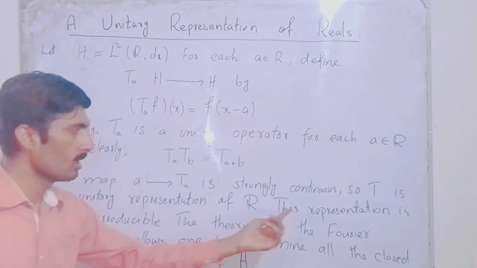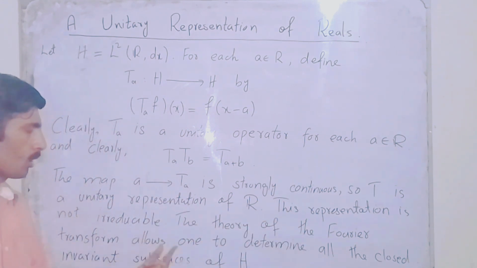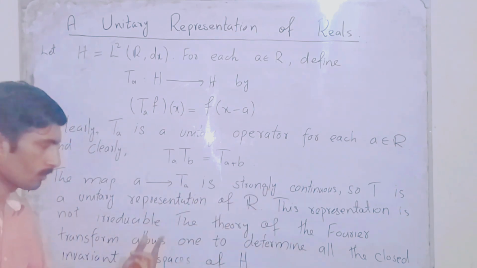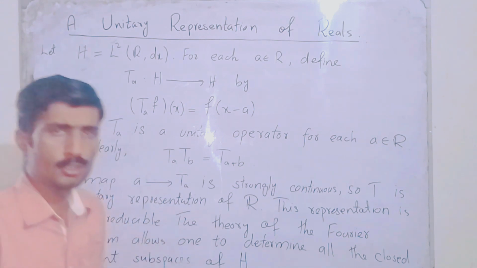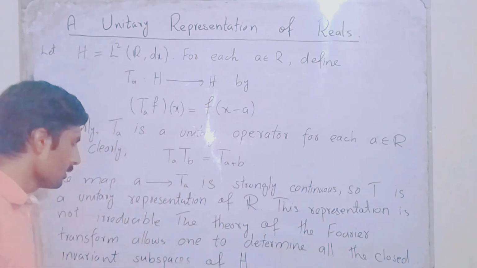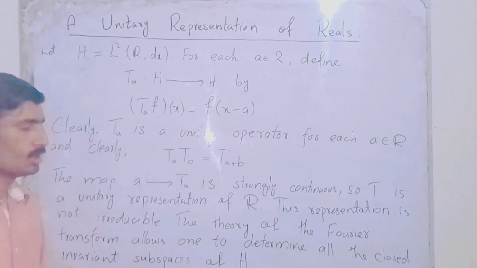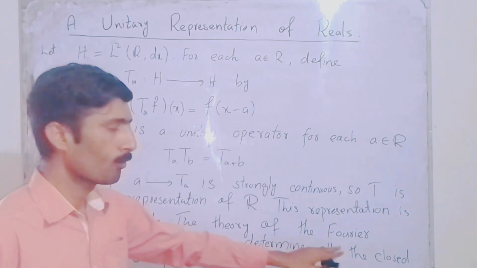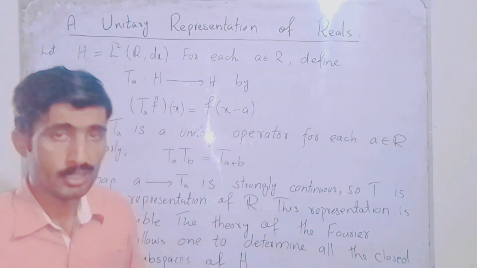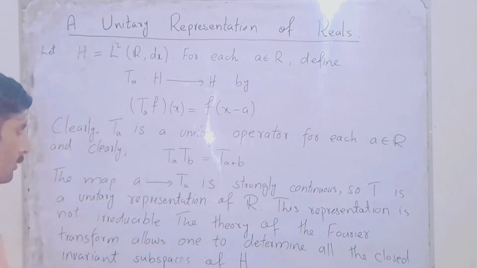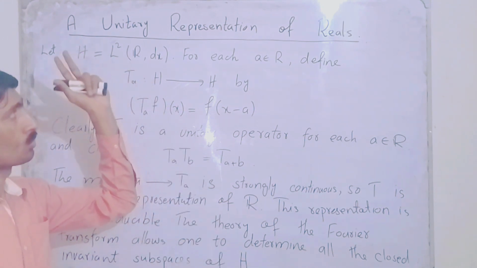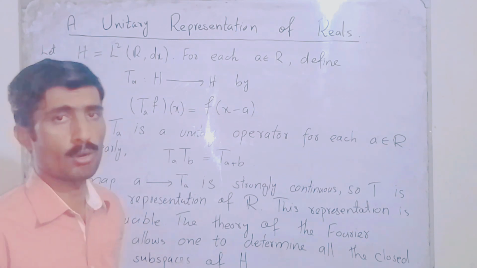The theory of the Fourier transformation allows one to determine all closed invariant subspaces of H. It means that with the help of the Fourier transformation we can calculate all the invariant subspaces of H, where H is the square integrable functions, right? So this is a unitary representation of real numbers.